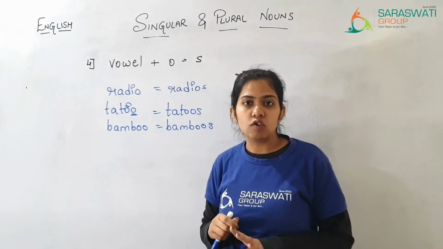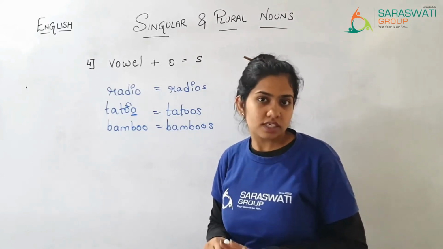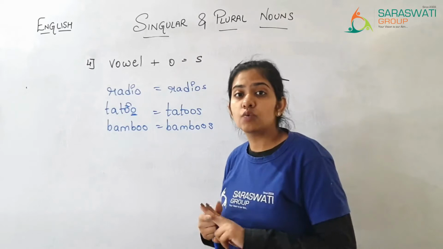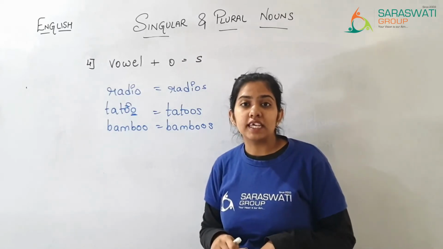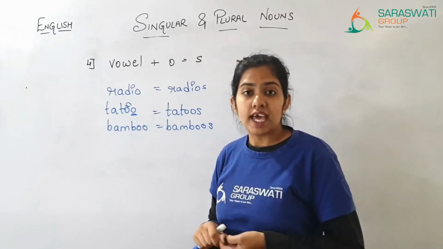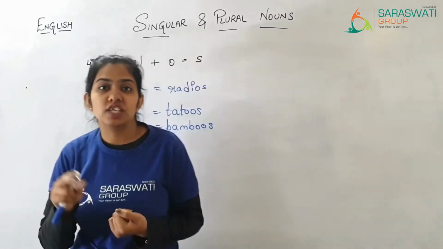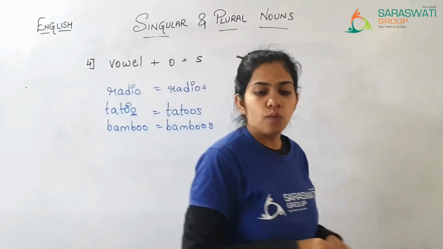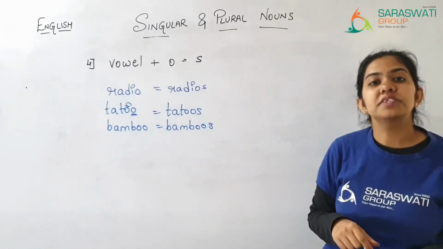So we have seen 4 rules. One of the simple and basic rule just by adding S. Then the second one was by adding ES when the word is ending with S, H, CH and X. And the third rule was consonant plus O equals to ES.